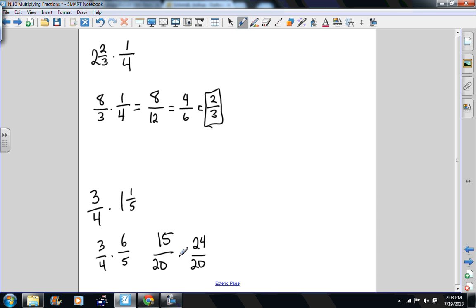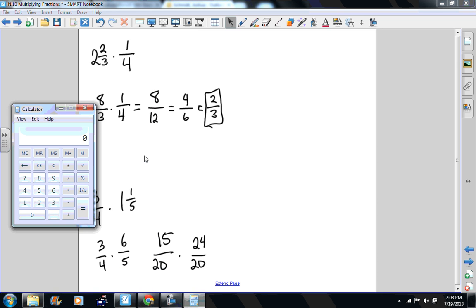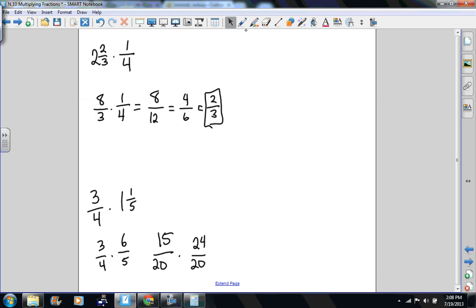And now, if we multiplied this out, which I'm not going to do by hand because it's going to get real ugly, it becomes 15 times 24 is 360 over 400. The other way, this would become 18 over 20, because 3 times 6 is 18, 4 times 5 is 20.